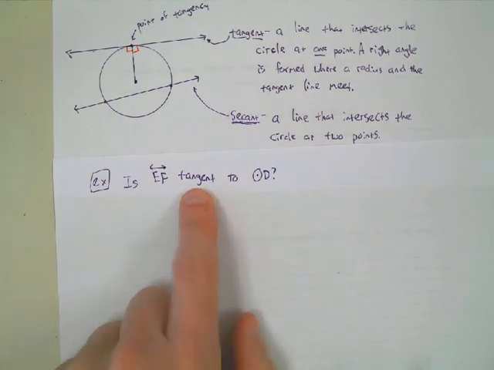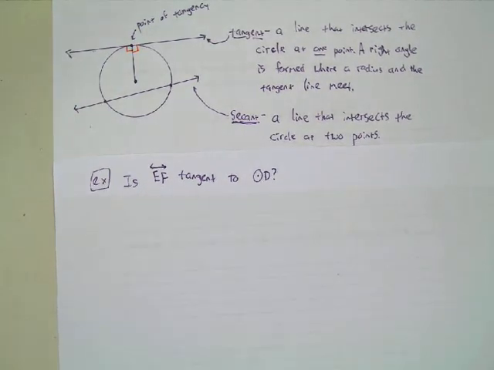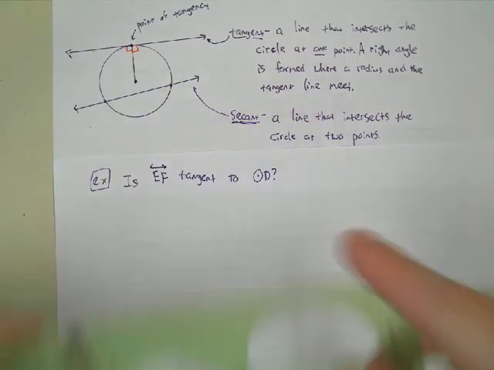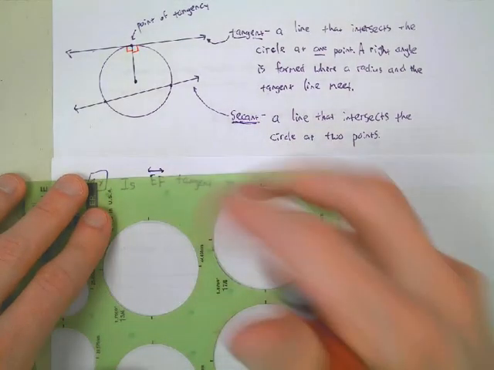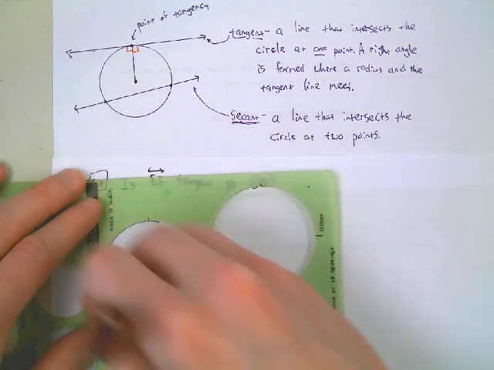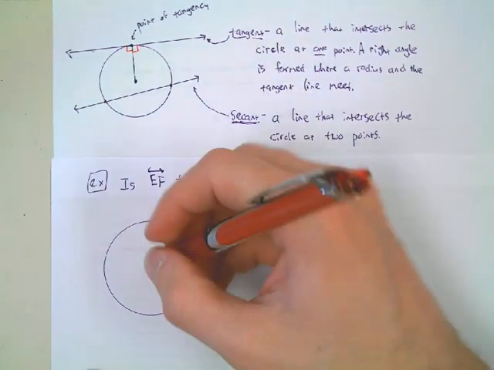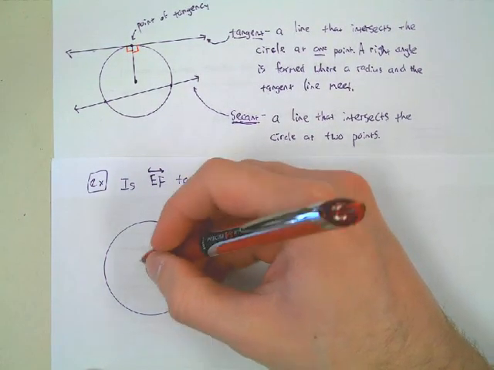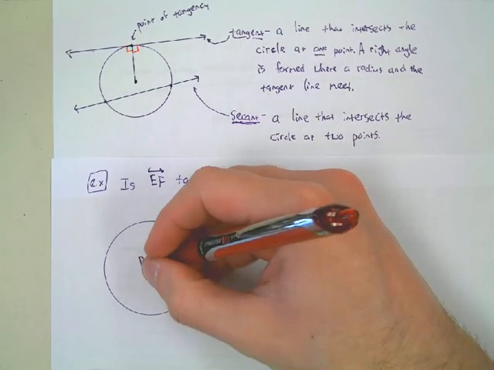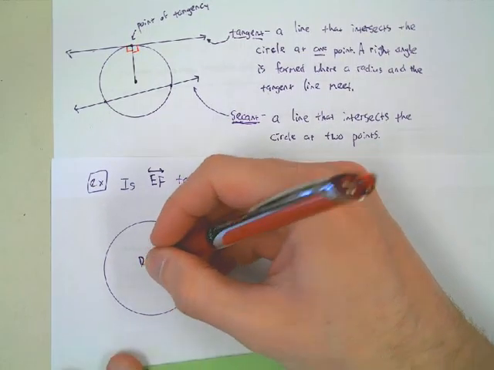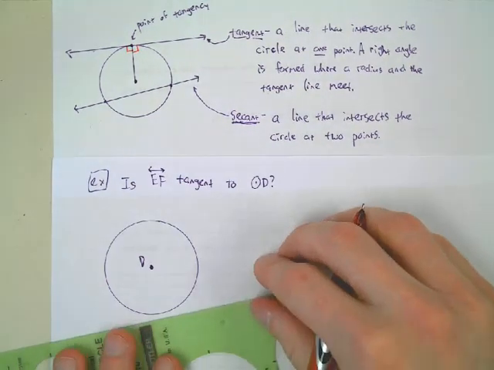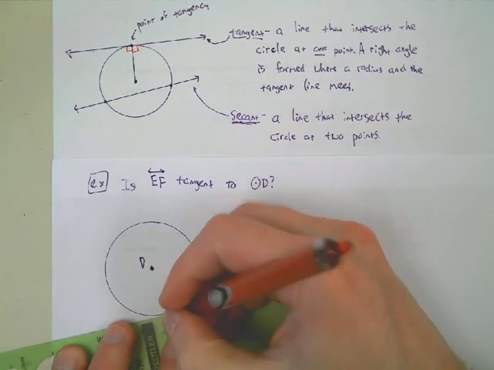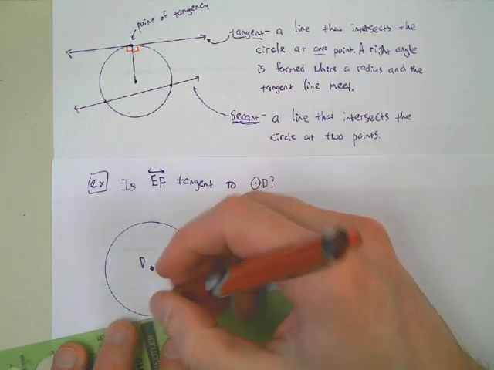So let me go ahead and draw that in here. I'll draw a circle with center D. I'm going to draw in what looks like a tangent line here, but we've got to figure out if it really is a tangent line or not.